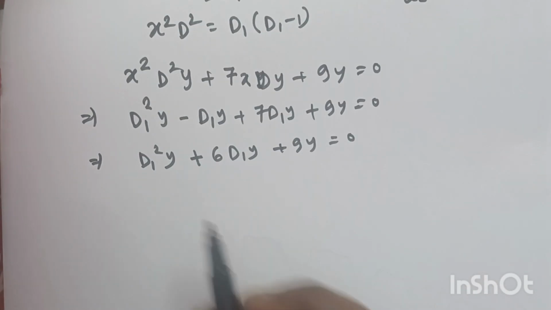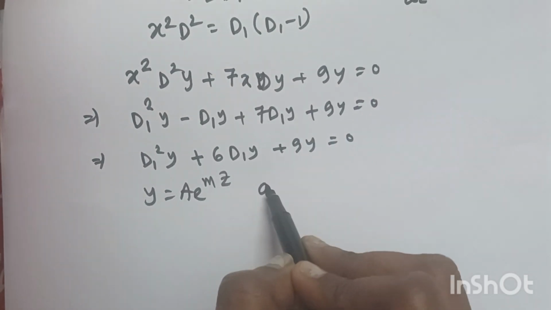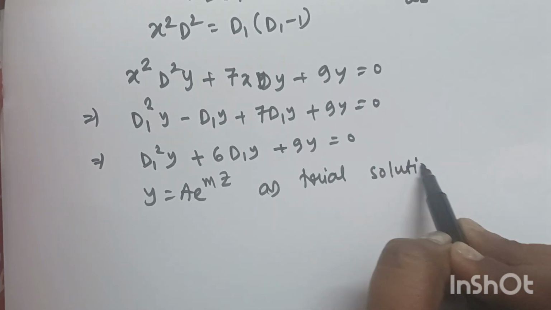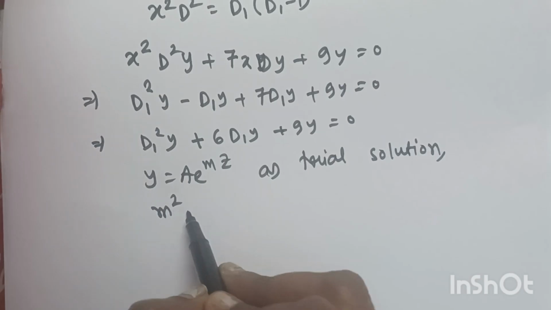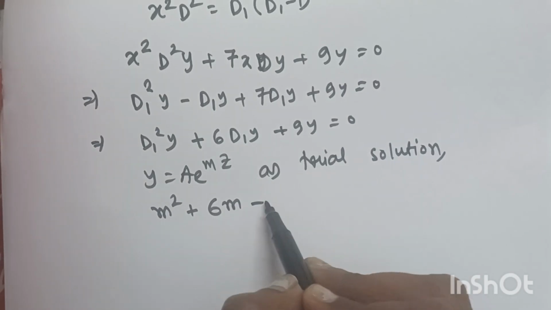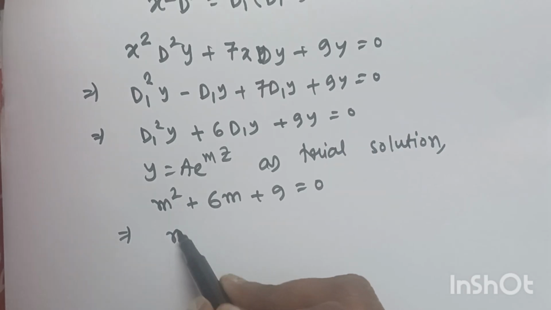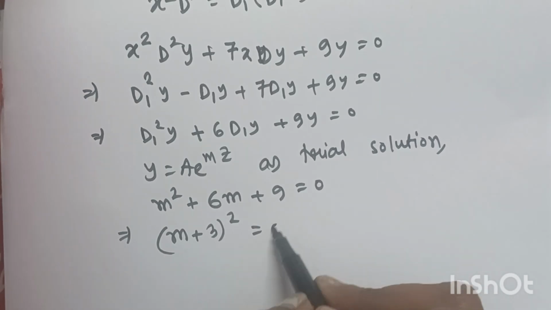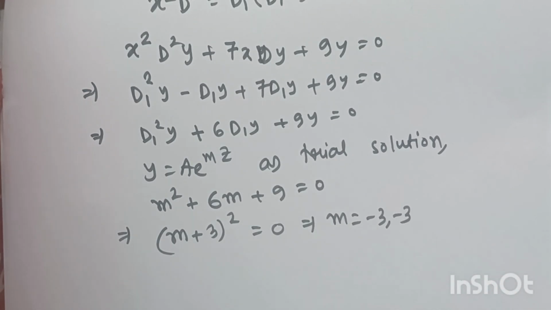Now if we take y equal to A e power mz as the trial solution, then from the above equation we can write m square plus 6m plus 9 equal to 0, and this gives (m plus 3) whole square equal to 0, and then we obtain m equal to minus 3.